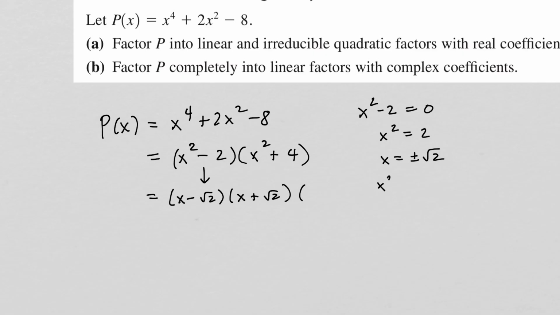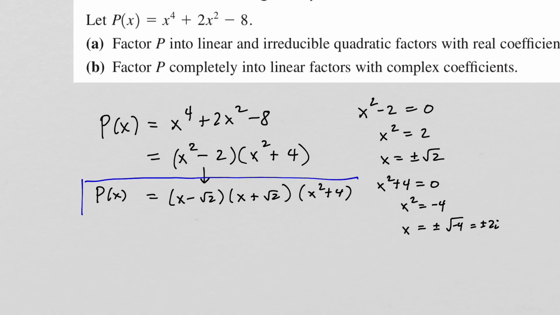However, x squared plus 4, if you set that equal to 0, you're going to find out that x is equal to plus or minus the square root of negative 4, which is plus or minus 2i, and those are complex numbers. So if we want to factor this into linear and irreducible quadratic factors, this is where we would stop. And so this is the answer to part A.